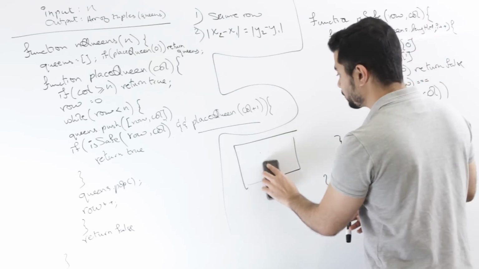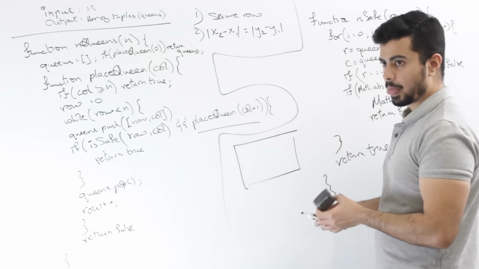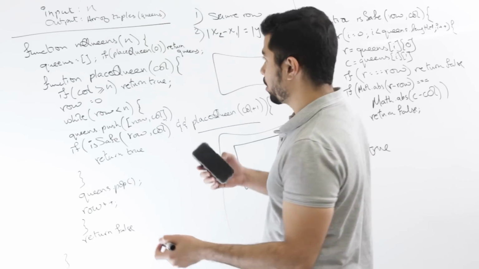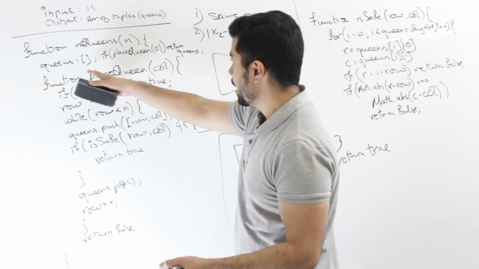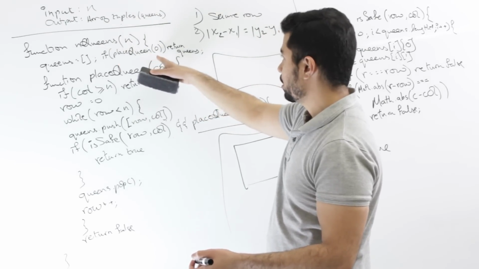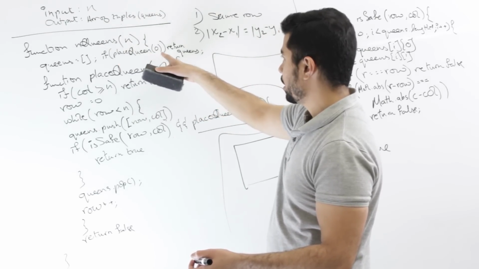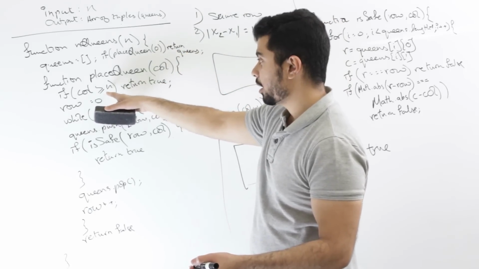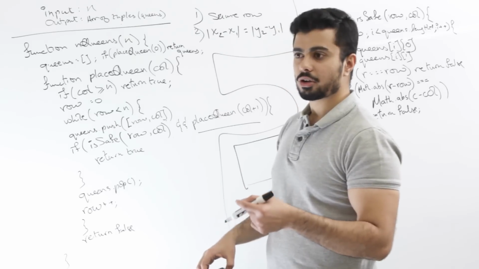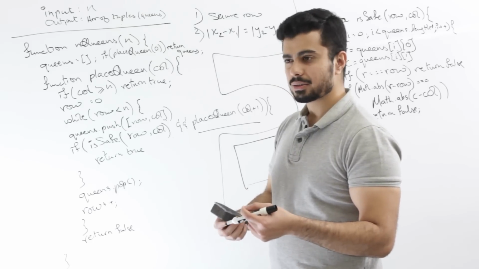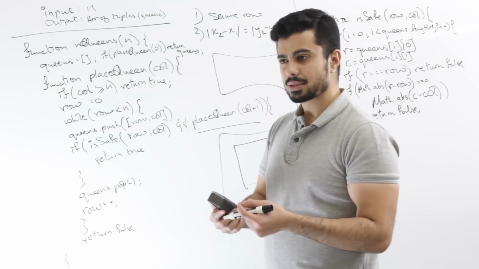Now let's say I have an empty array. How would that work? Or I have n equals 0. How would that work? So now if n equals 0, I say placeQueen(0) and then return queens, and then column is greater than or equal to n. Actually, I need another condition to handle n equals 0, because that input wouldn't make sense.